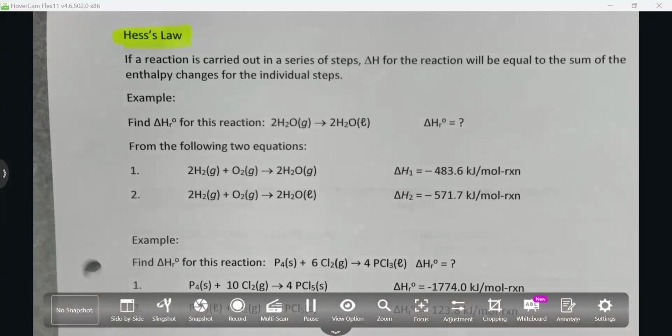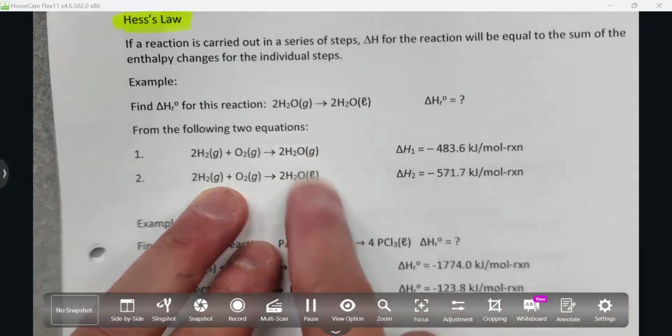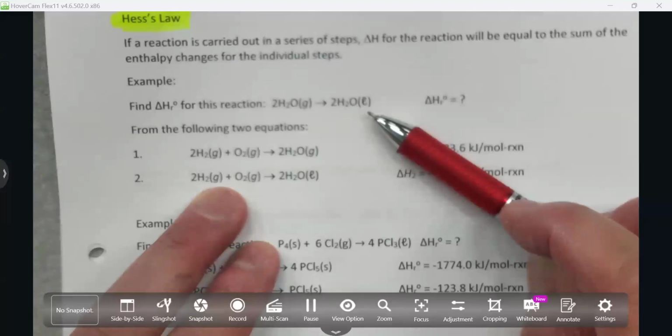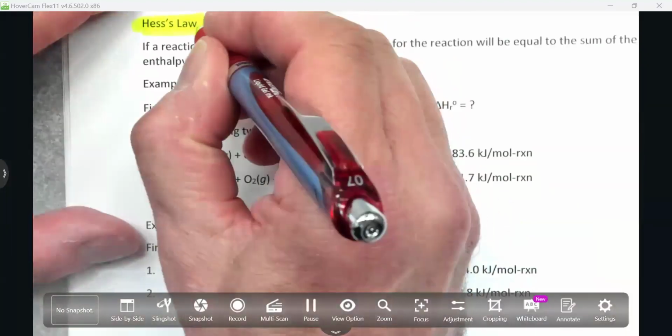It turns out we can add and subtract reactions to get the one we want.